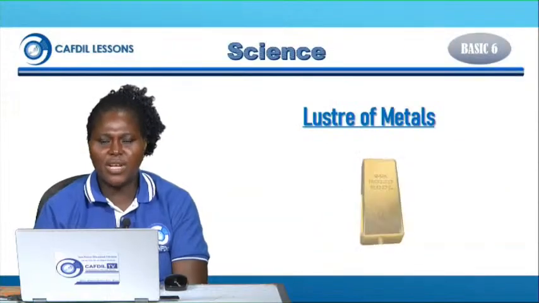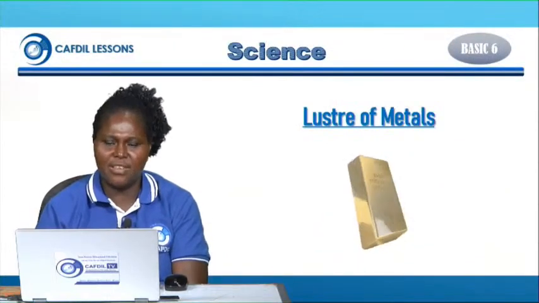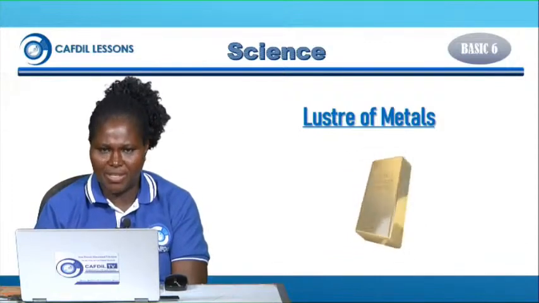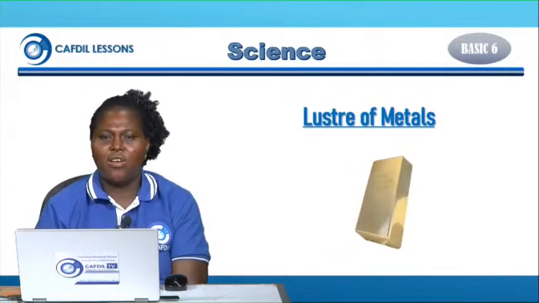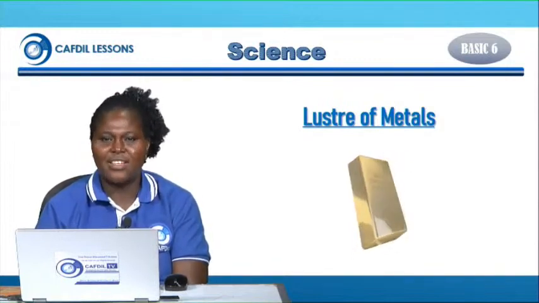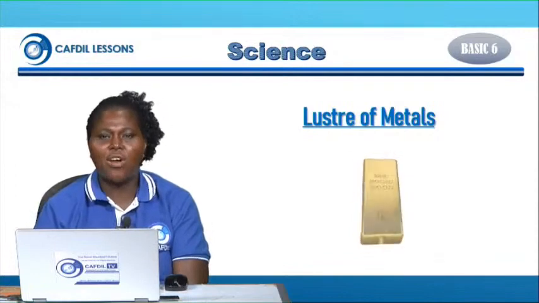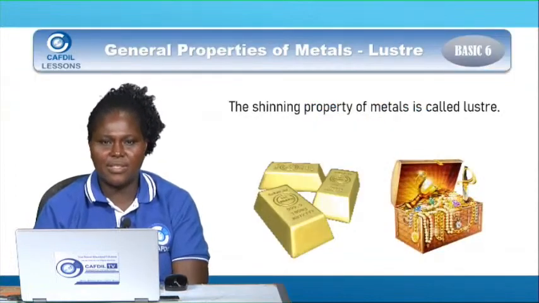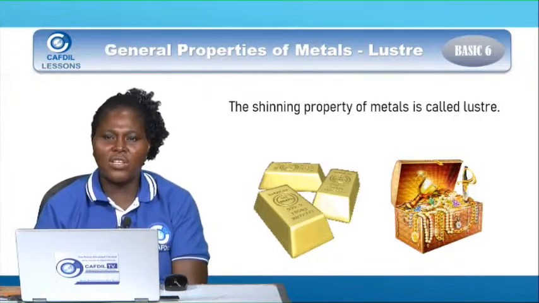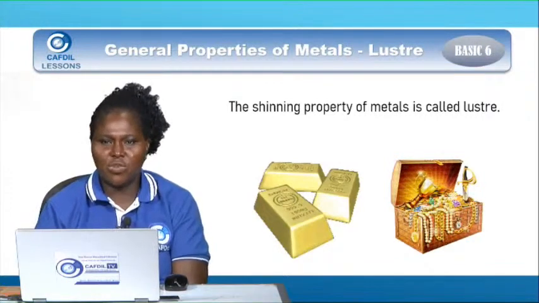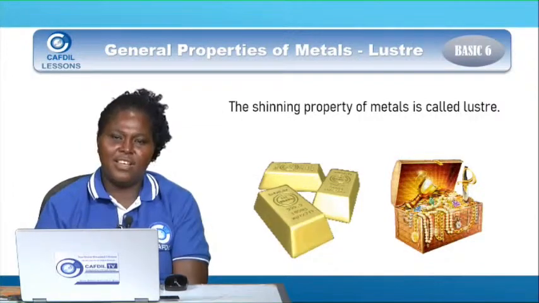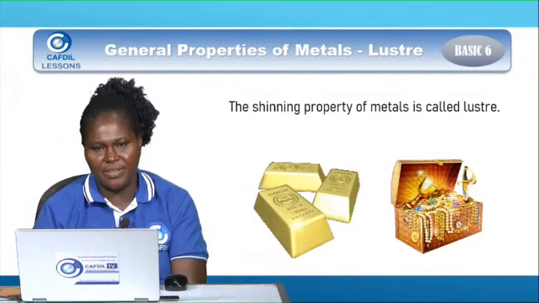Good. Now let's look at another property of metals. Lustre of metals. What do we mean by lustre of metals? The shining property of metals is called lustre. Let's look at the picture on our screen.